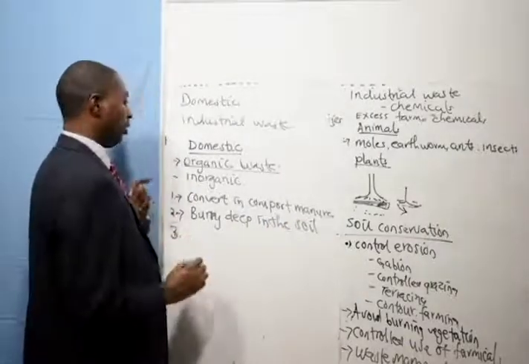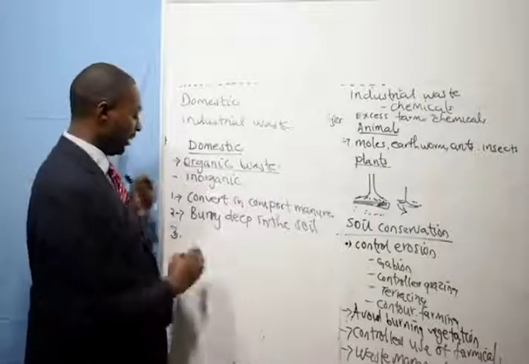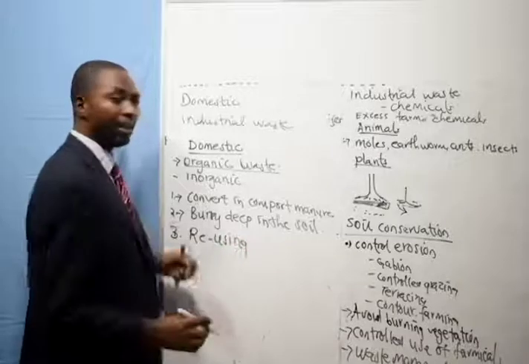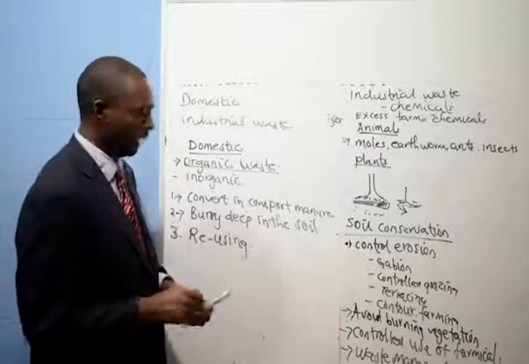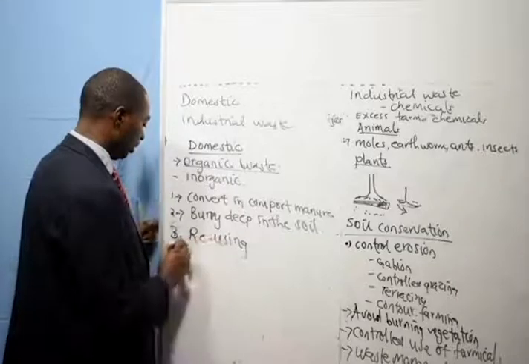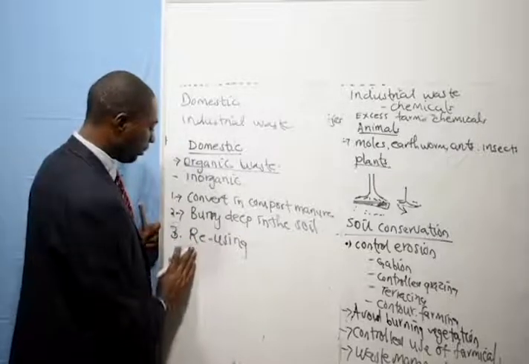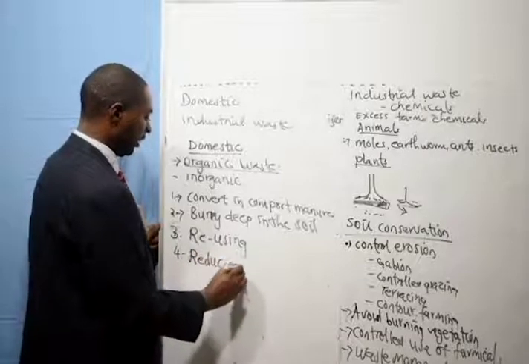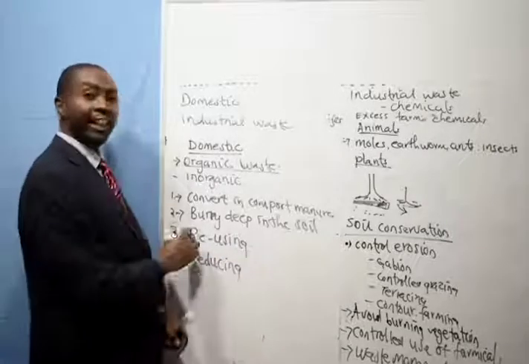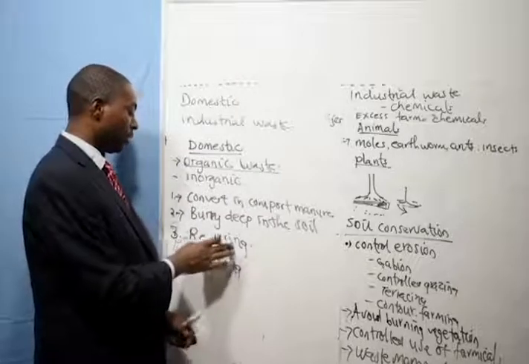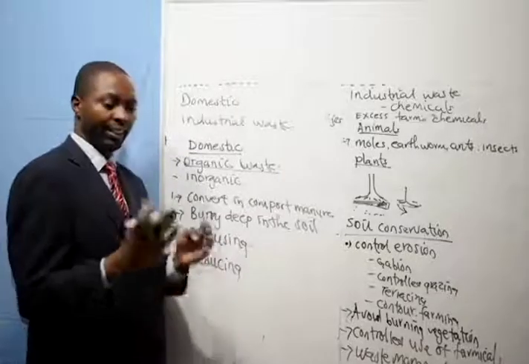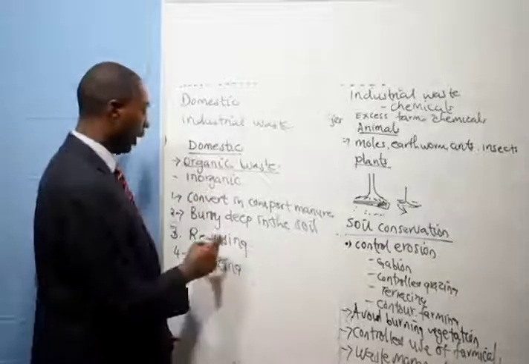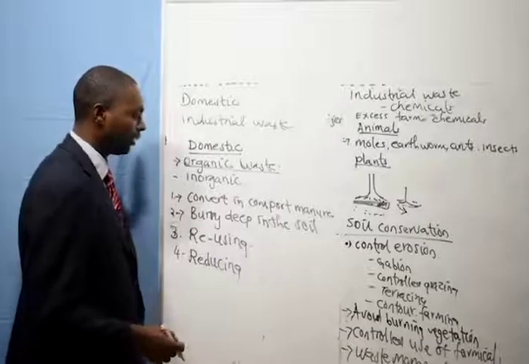Number three, for the polythene papers that you need, reuse them. Maintain one paper bag for shopping. You can also do what you call not recycling, but reducing. Reducing is maintaining one paper bag. Reusing means you use the plastic tin that was used to pack cooking oil to store sugar. You have reused it, and you have used it the right way.